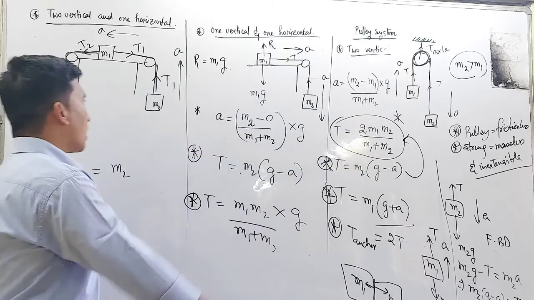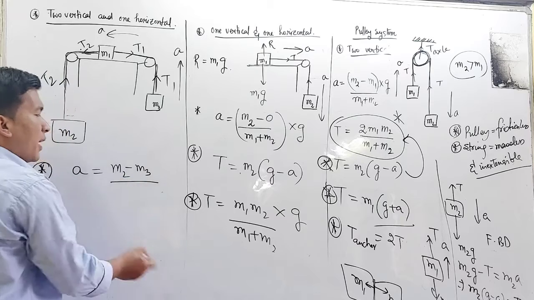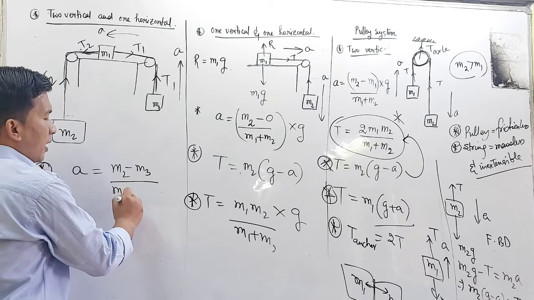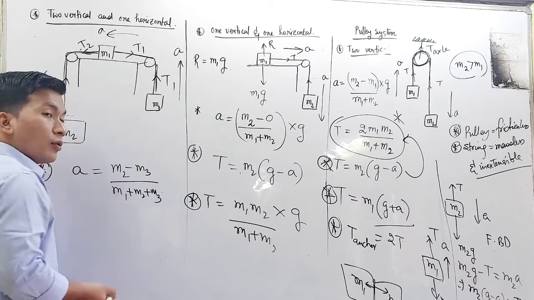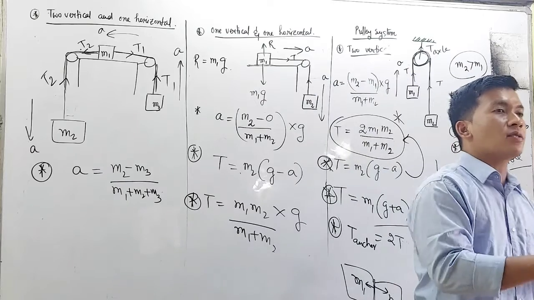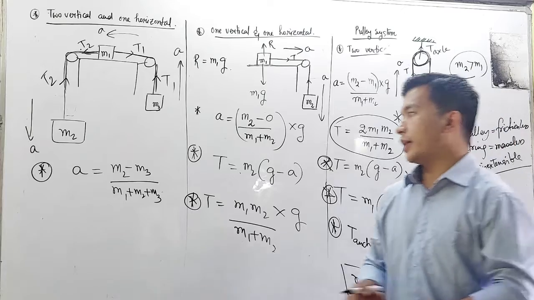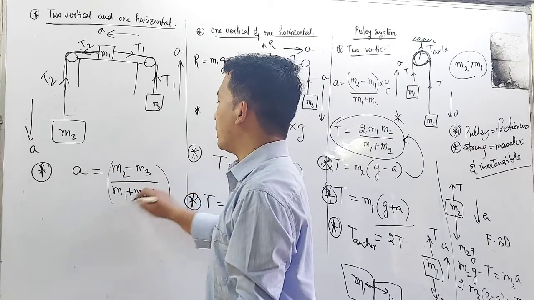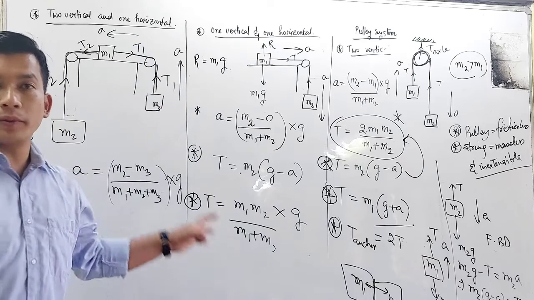So the acceleration is M2 minus M3, divided by the total mass M1 plus M2 plus M3. You cannot ignore the horizontal mass while taking the total mass, and it must be multiplied with g. Finish. Understand? Do you want me to repeat this again?